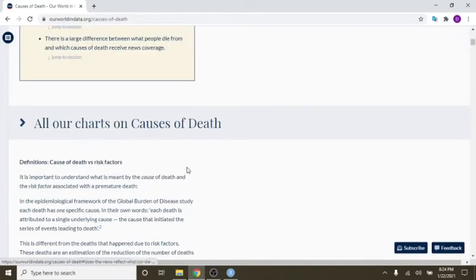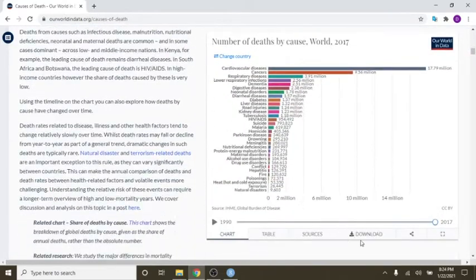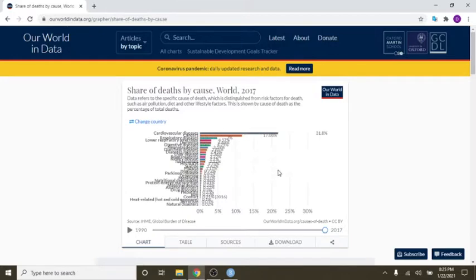So what you do after you select the topic is scroll down, then click on this, and it'll download the CSV file for you. Now, I selected a second chart, which says related charts, share of deaths by cause. That doesn't make a lot of sense, but we'll see what it says.